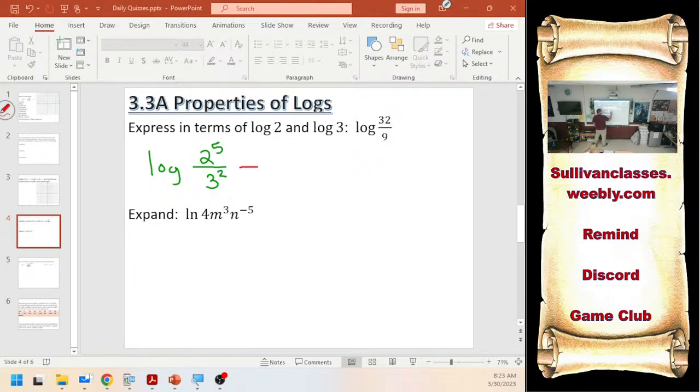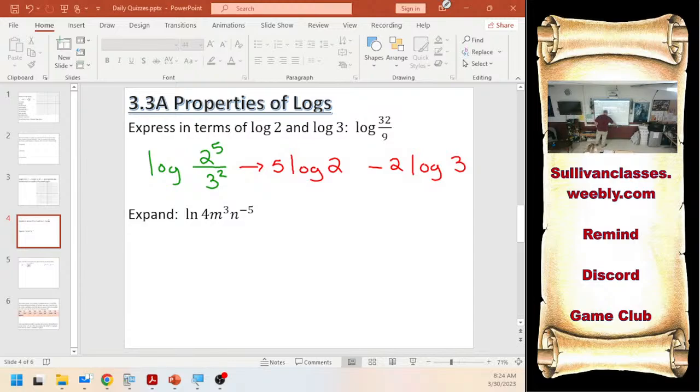If I have a quotient as an object of a log, I can turn that into a difference of separate logs. So I say log of 2 to the 5th minus log of 3 to the 2nd, and then exponents can become coefficients by the power property. For our expansion, honestly, that one was practically expansion anyway.